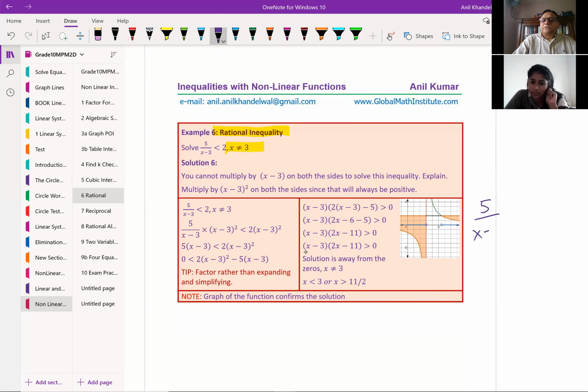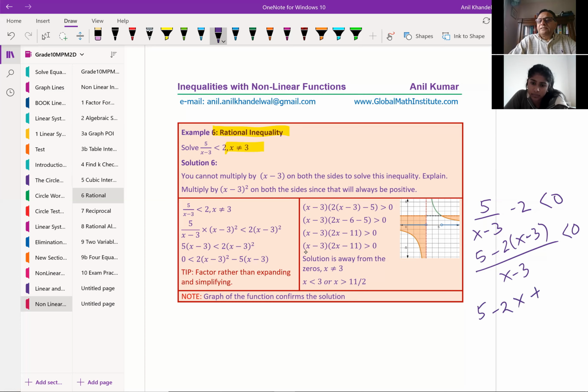5 over x minus 3, what Emmy is saying is bring down this 2 and we get this. Then we have a common denominator of x minus 3 and we write this as 5 minus 2 times x minus 3, and we are saying this is less than 0. Now we can simplify the numerator: 5 minus 2x plus 6 over x minus 3. Correct?